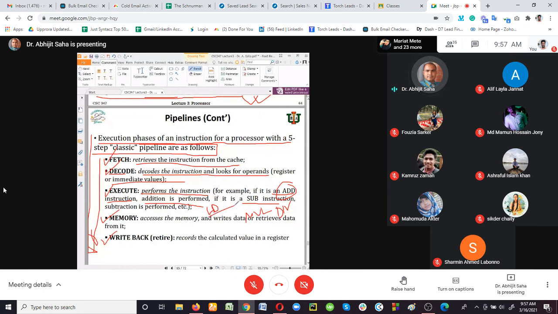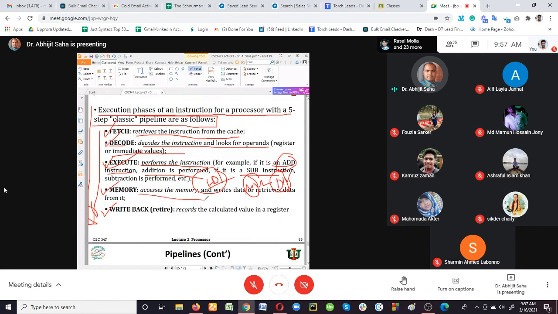So the opcode is indexed into the decoding unit, and when the control unit receives this instruction, by seeing the opcode it will understand exactly what is going to happen with it. So the execution phase happens based on the opcode directions, and then the memory stage accesses the memory, and write back or retrieves data from it.